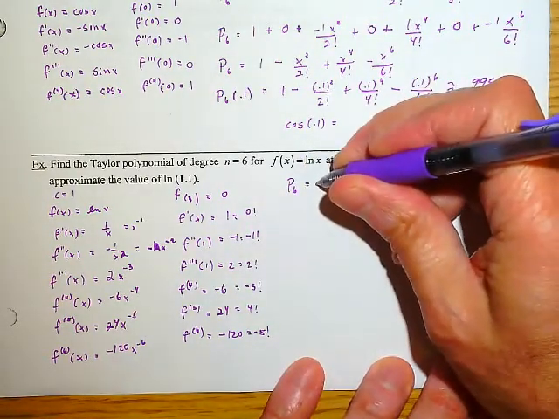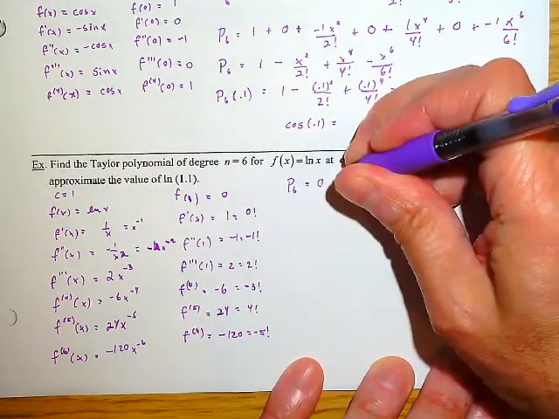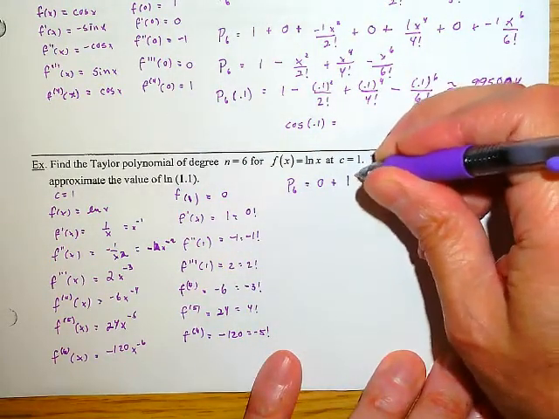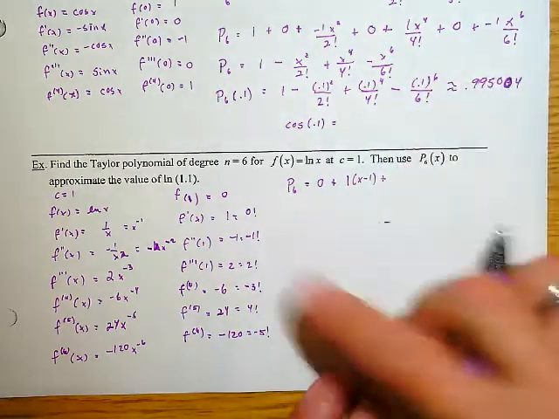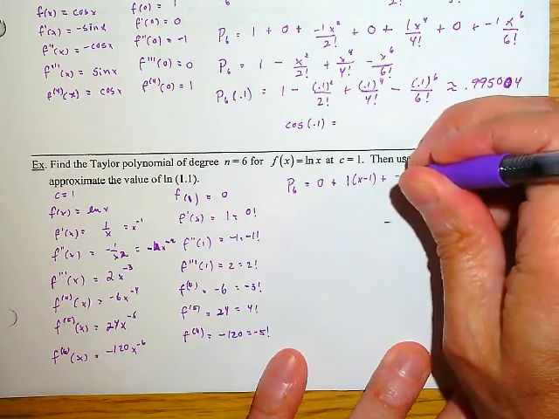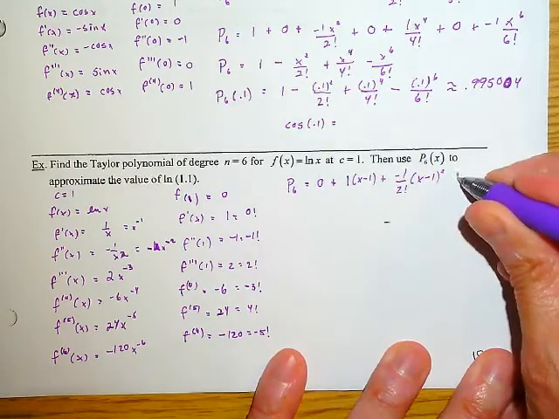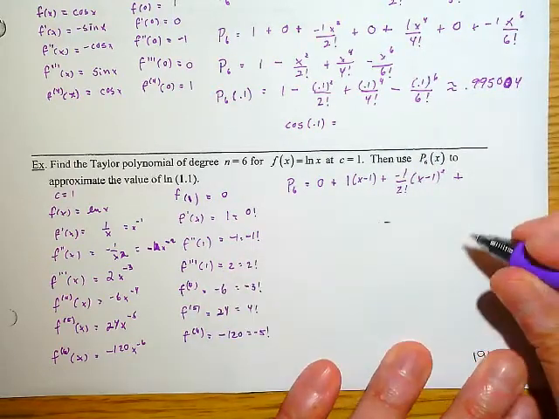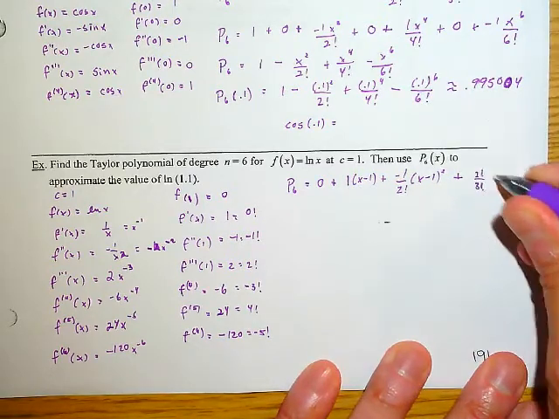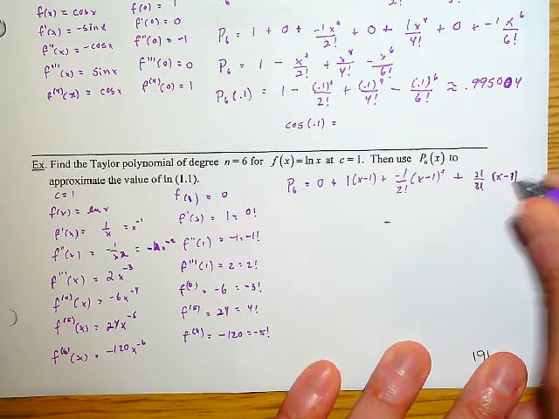Remember, we need f of 0, or in this case f of 1, so our starting point f of 1 is 0, plus the first derivative, which is 1, times x minus 1, plus the second derivative, which is negative 1 over 2 factorial, times x minus 1 squared, plus 2 factorial, which is 2, over 3 factorial, times x minus 1 to the third.